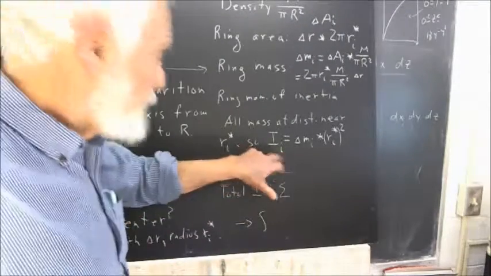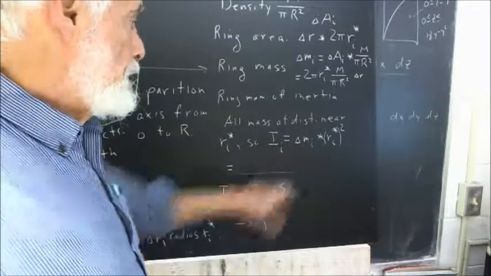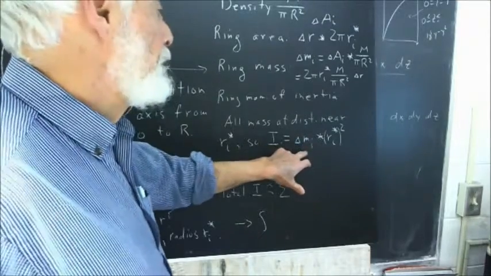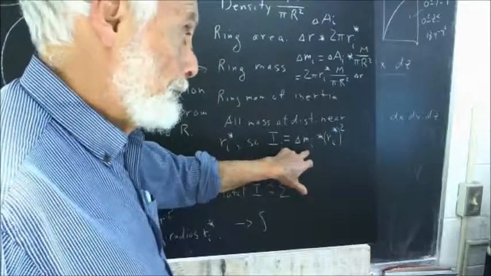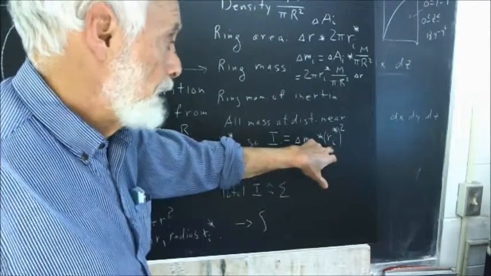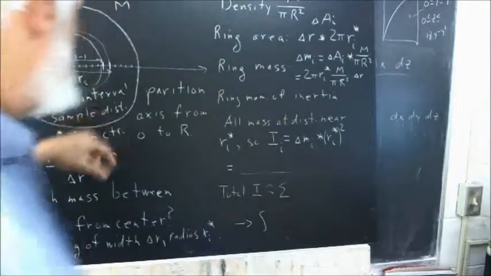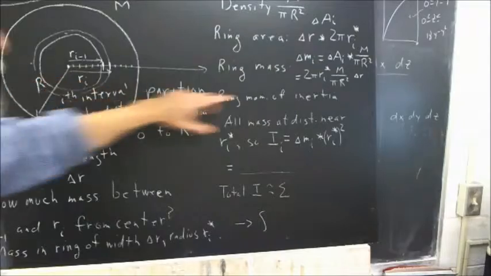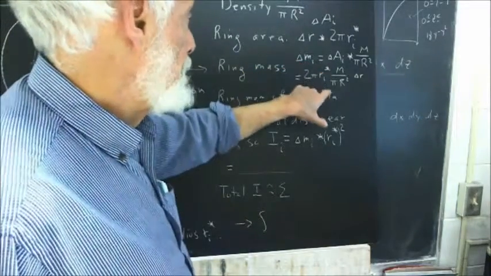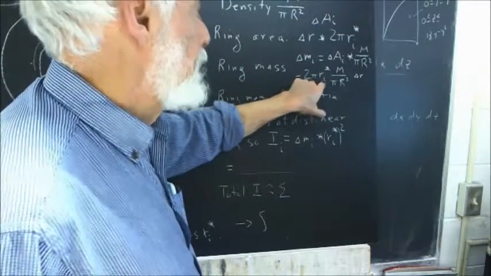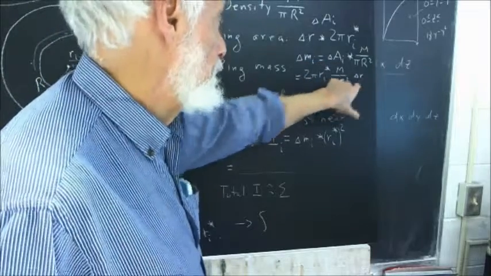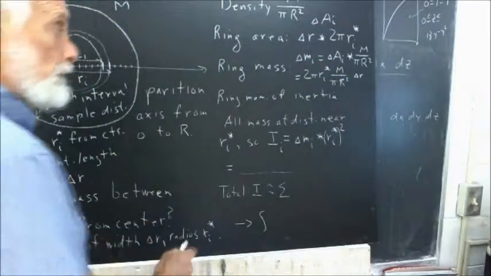Okay, the ith moment of inertia is the mass of the ith ring multiplied by the square of the r sub i star corresponding to that ring. Now the delta m sub i is 2 pi r i star times M over pi big R squared delta r.